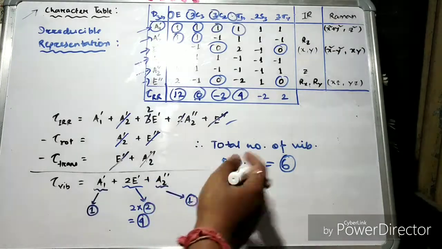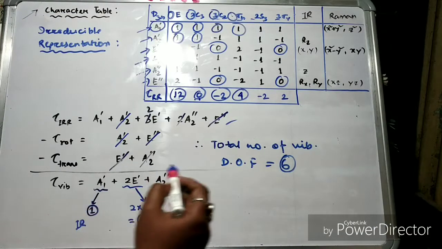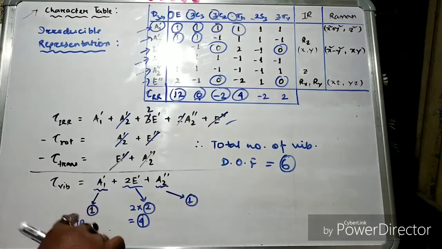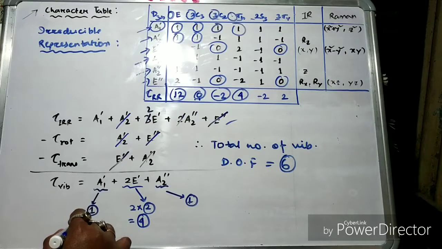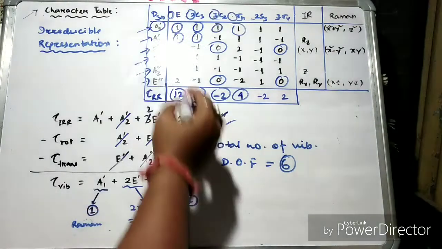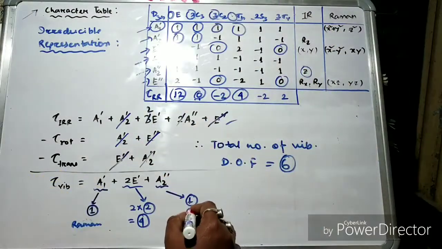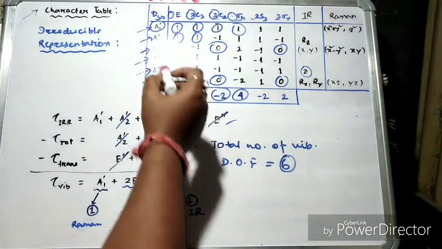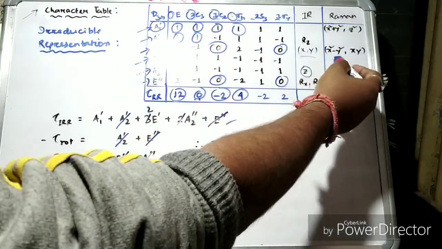So there will be 6 vibrational degrees of freedom, okay. And out of these 6, this A1 dash you can see it is Raman active. This A2 double dash is IR active, and this E dash is both IR and Raman active.